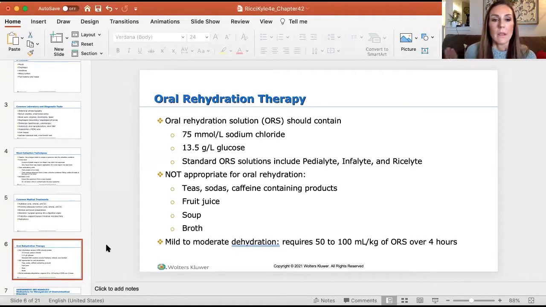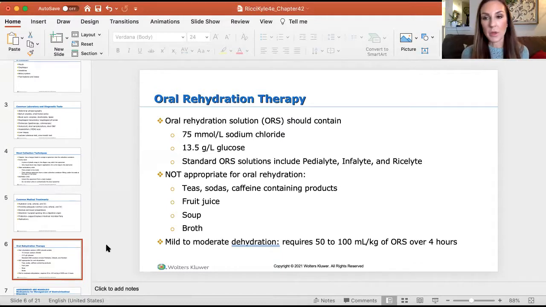All right. So when we're doing rehydration for our patients, we want to make sure we know what is appropriate for oral rehydration.